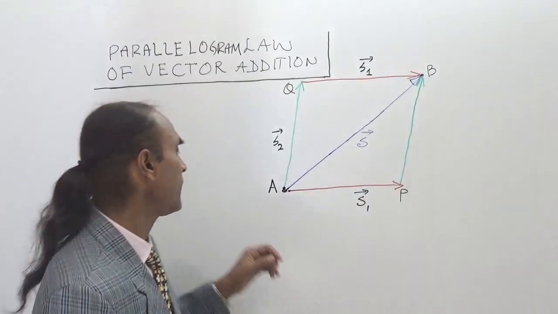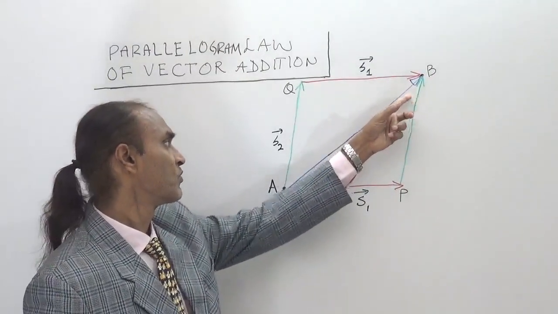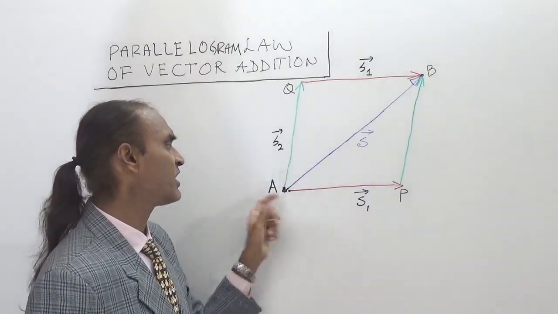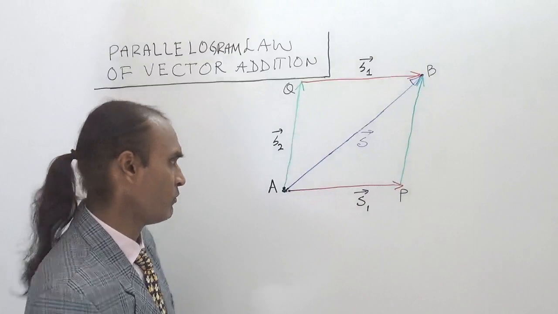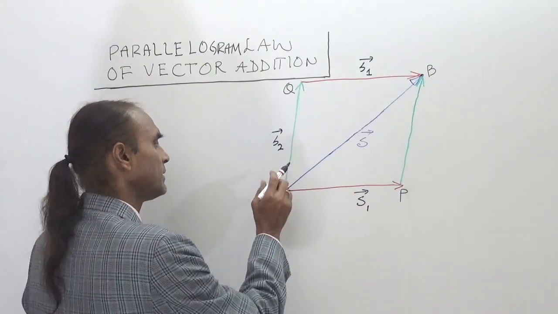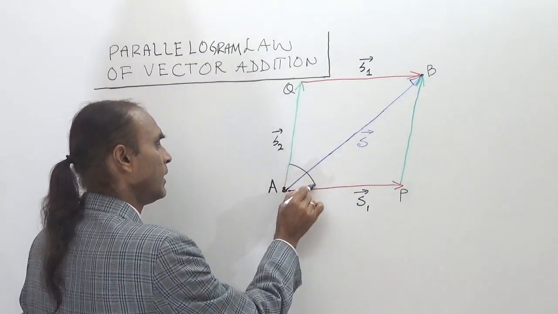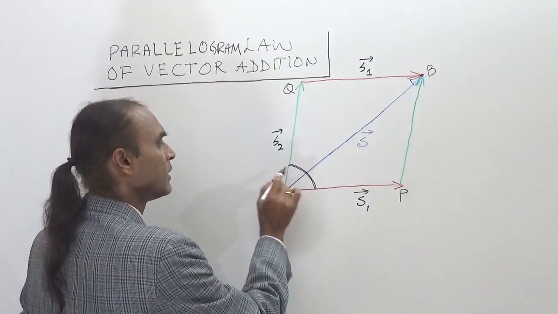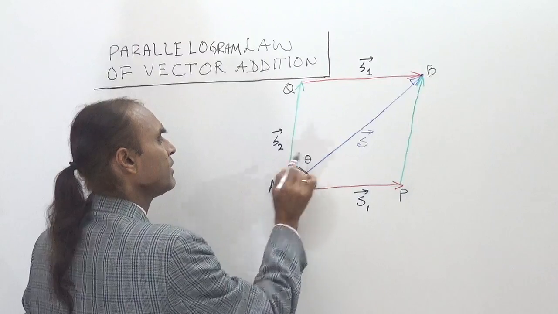Let us calculate the length of the resultant and the direction of the resultant with respect to S1 or with respect to S2. Let us assume that the angle between these two vectors be theta.